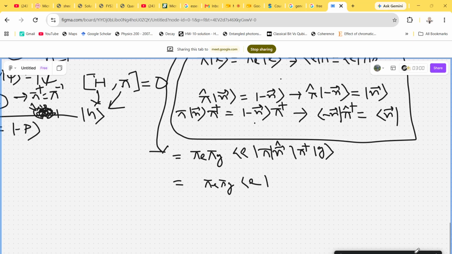So it will become minus R cap pi dagger G. Now minus R cap pi dagger will become R, right?